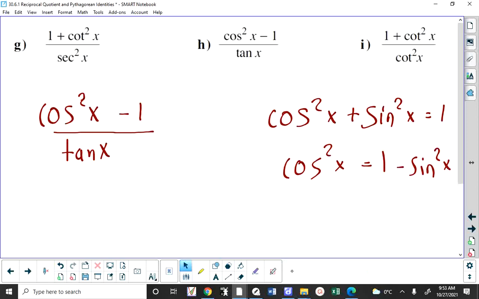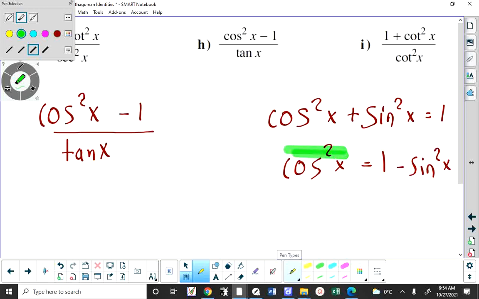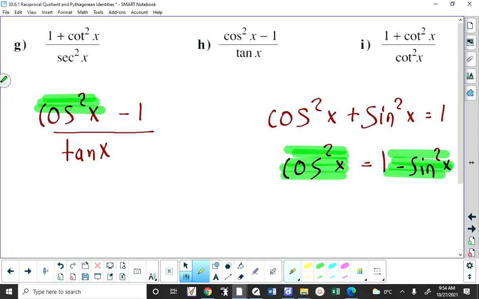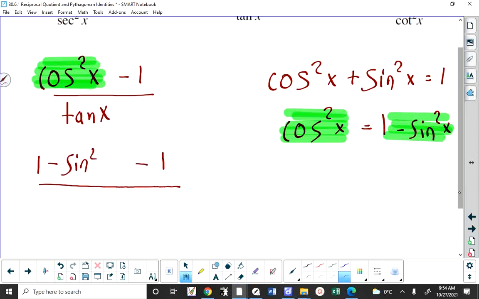So what I'm about to highlight in green is the same thing. Cos squared of x and 1 minus sine squared are the same. So this is going to become 1 minus sine squared. Then we have minus 1, and it's over tan of x.